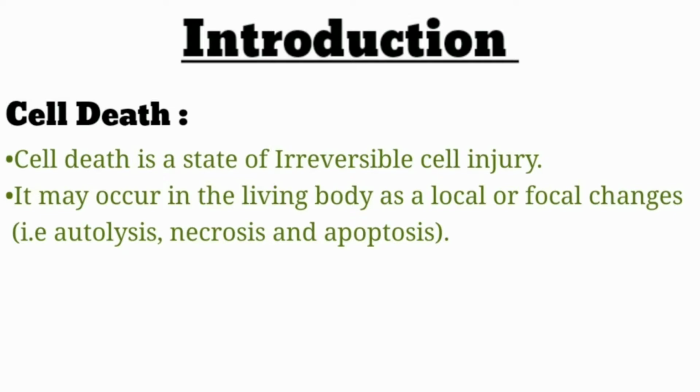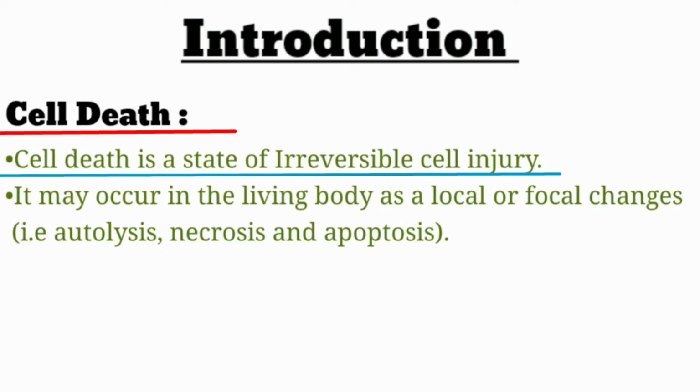First of all guys, what is cell death? Cell death is a state of irreversible cell injury. Whenever irreversible cell injury is happening in your cells, it means your cells are dead, because irreversible cell injury is a process of cell death.